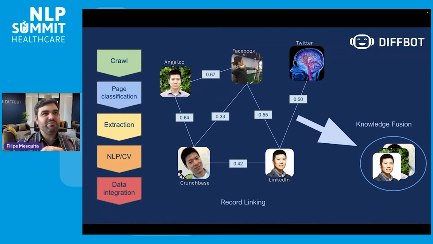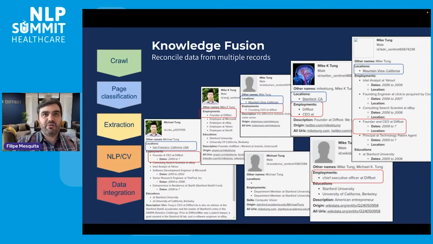I'm not going to go too deep into that problem today because we're focusing more on NLP, but there are actually some interesting problems there on figuring out the similarity between the facts about Mike Tongue in all of these pages. There are some NLP problems there, and there are some normalization problems as well.